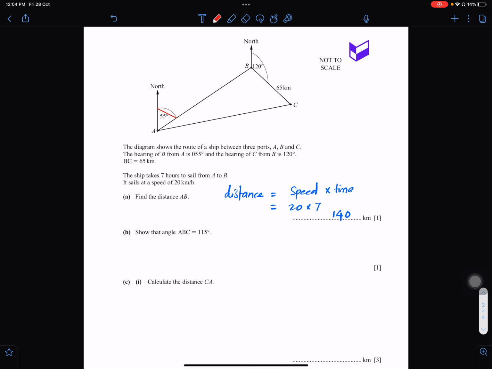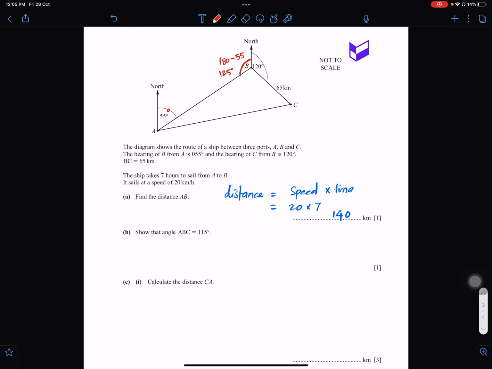Therefore, this angle is going to be 180 degrees minus 55. The reason being these two angles add up to 180, they are the co-interior angles of parallel lines. So 180 minus 55 is 125. So this angle is 125.